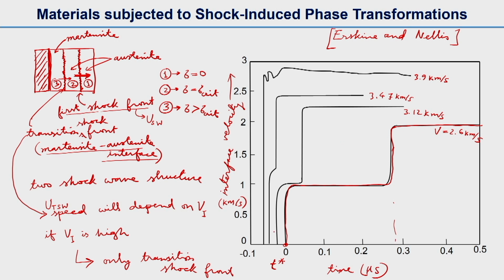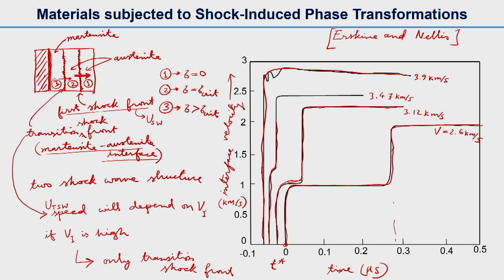Similarly in the second case you can see a similar structure, although the change happens at a lower time, and in the third one also you can see a change. But the fourth one looks a little different. There is some fluctuation, but you can assume that there is no change.